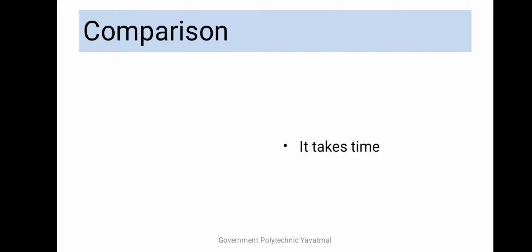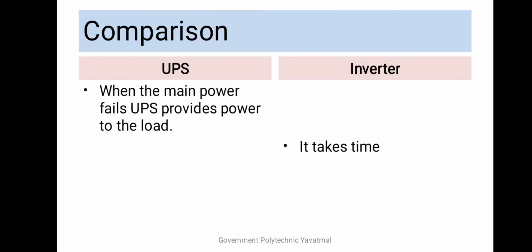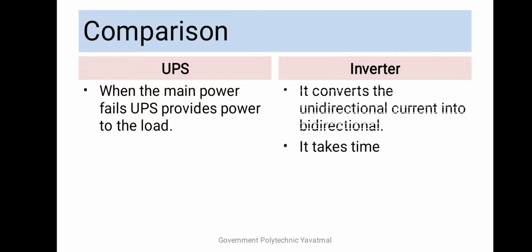Let's see the comparison. When the main power fails, UPS provides power to the load. Inverter converts the unidirectional current, that is DC, into bidirectional.